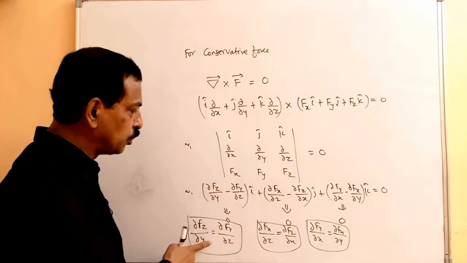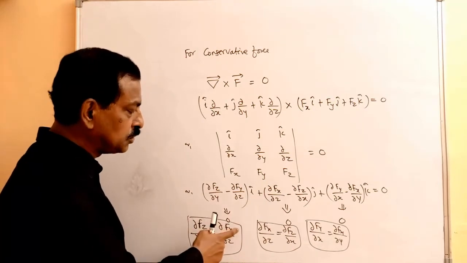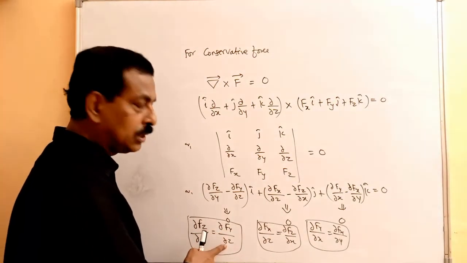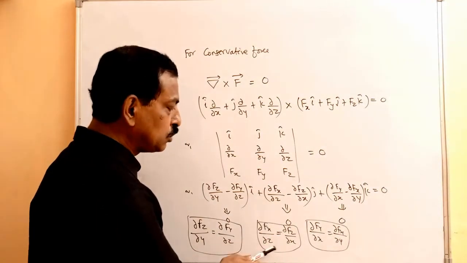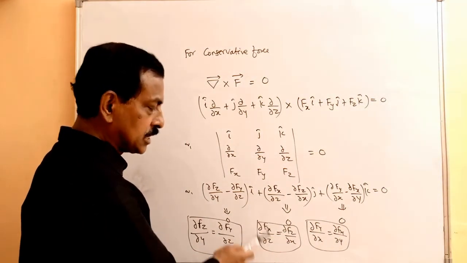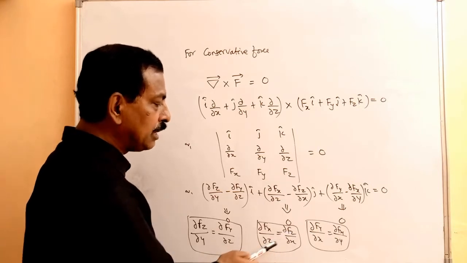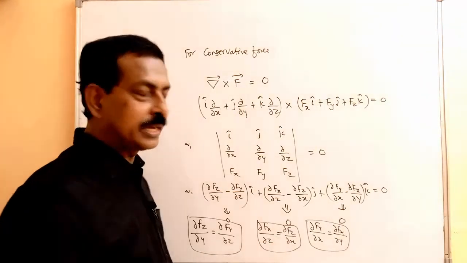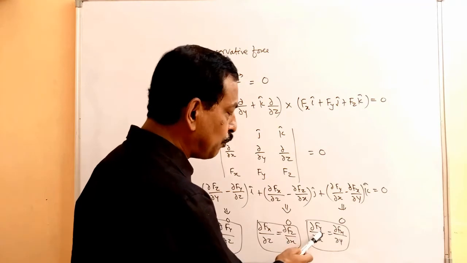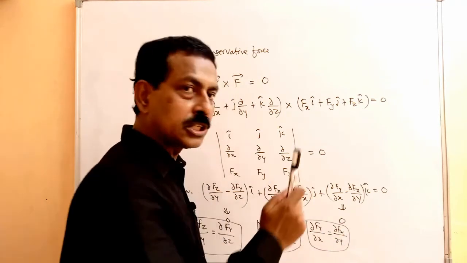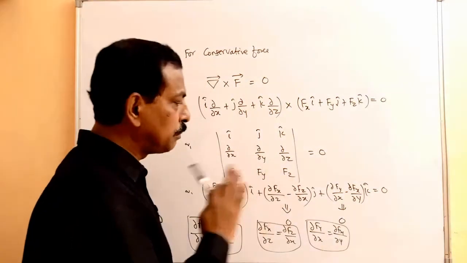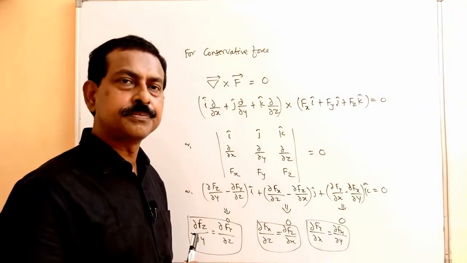Here it is just the opposite, it is your ∂Fy, and with respect to z you have to differentiate. Here it is your Fx, you are differentiating with z, partially of course, and here it will be Fz, you will differentiate with x. Fy, you will differentiate with x, and Fx, you will differentiate with respect to y. All will be the partial derivatives there.